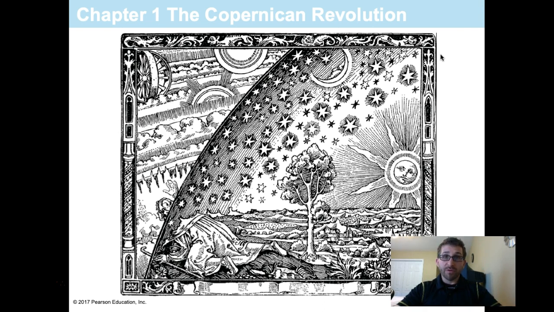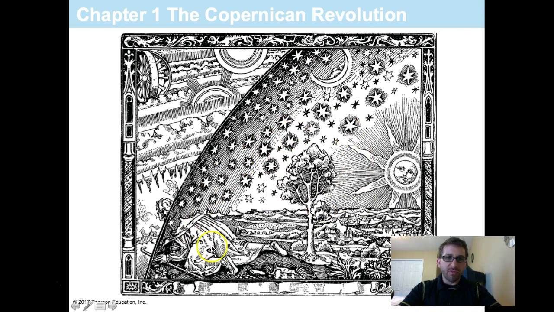So now that you've had a moment to look at this, I want to highlight just a few things. Here along the edge of the picture, we have the celestial sphere and the ancient way of looking at the night sky.